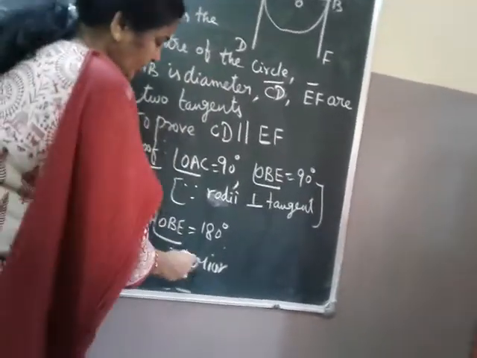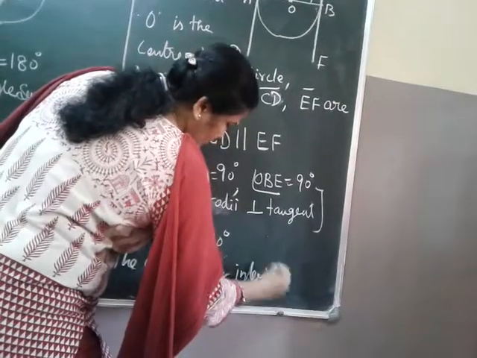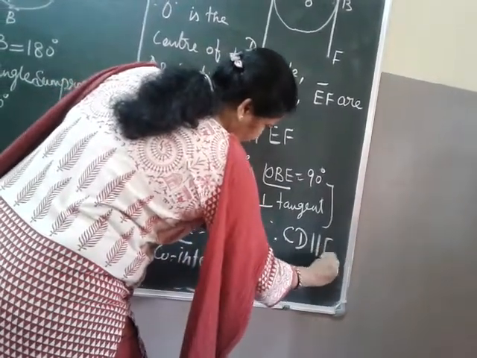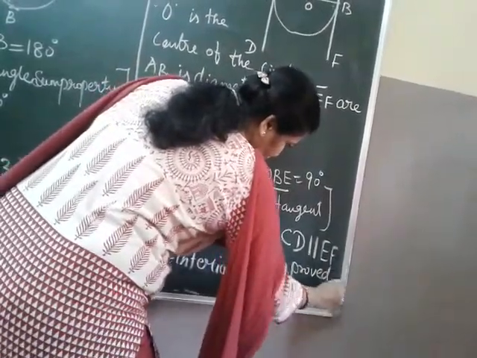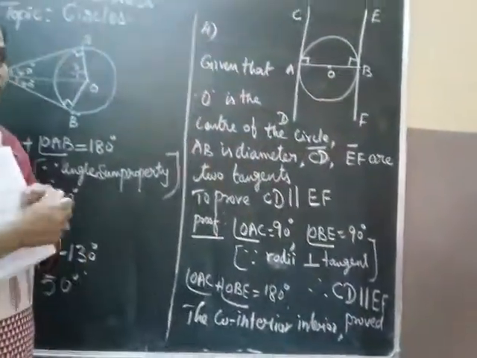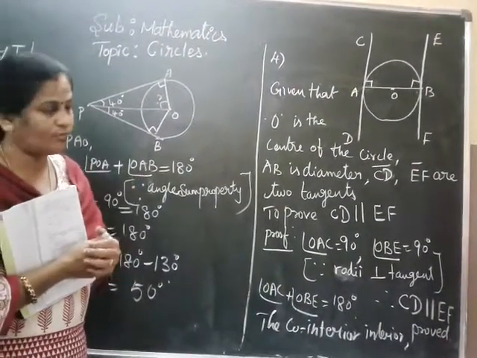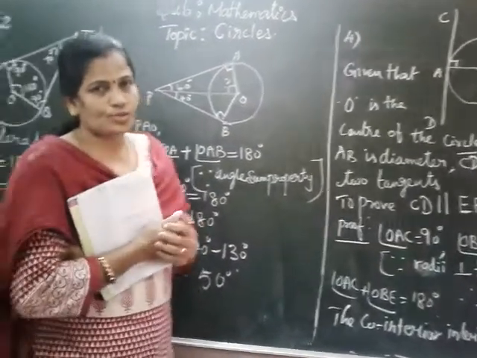They will ask only these two more questions. Co-interior angles, so therefore CD is parallel to EF. Proved. See, postulates, axioms, propositions, we don't have to remember always, children. We are going to use them to do the other sums. Understood children? Thank you children.